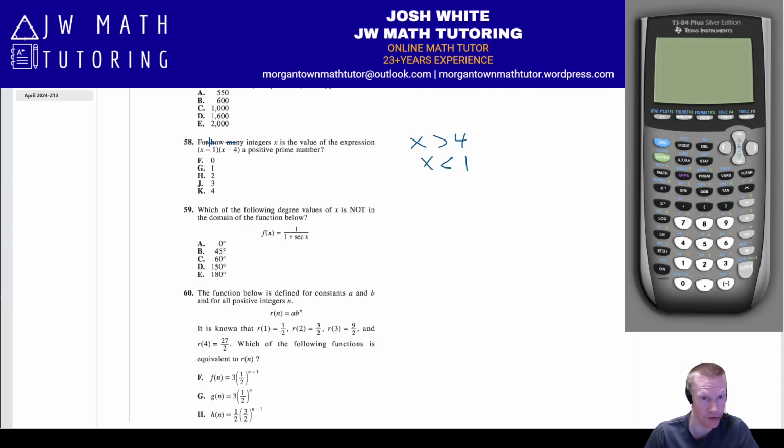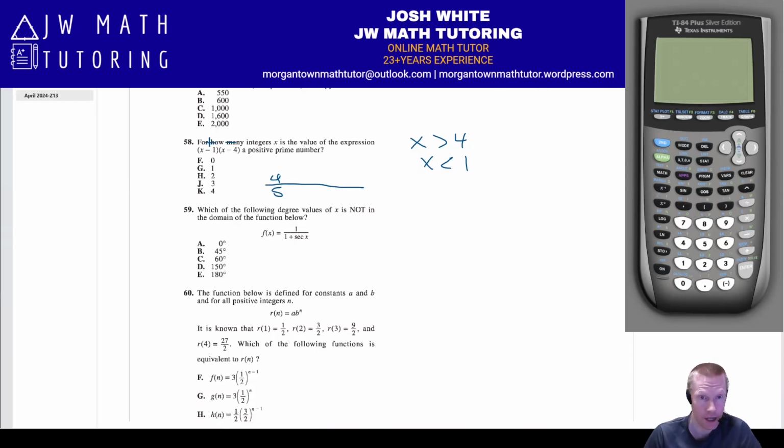For example, if you plugged in 2, 2 minus 1 is 1, but 2 minus 4 is negative 2, 1 times negative 2, and so on. So we're only looking at numbers greater than 4 or less than 1. If we start here, plugging in some possible values, plug in 5. You get 5 minus 1 is 4, and then times 1 is just 4.